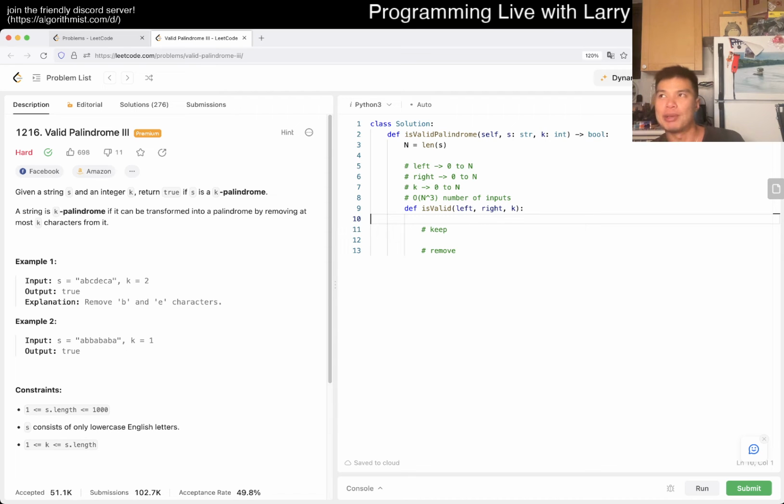Because it is a removal, not because if you could change any character, that makes it obviously way easier. But a removal means that it's going to be shifting, so it's going to be a little bit tricky. Not gonna lie, I don't have an immediate thing for this one yet.